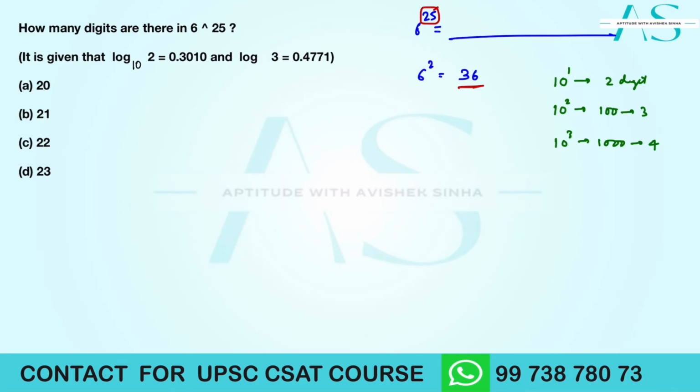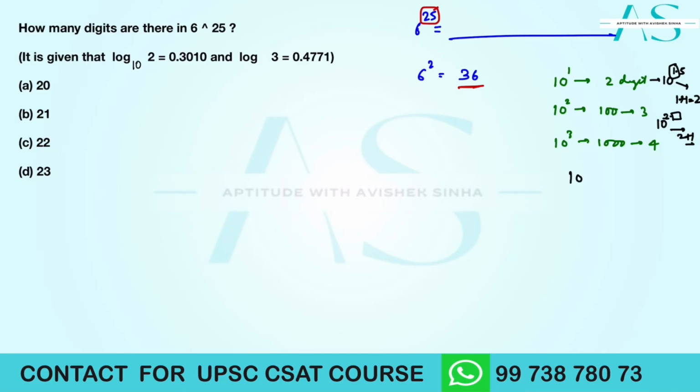This I can say. Similarly, anything which has 10^1.5 would give me the digits as 1 plus 1, which is 2 digits. 10^2 point some value will give me the number of digits as 2 plus 1, which is 3.